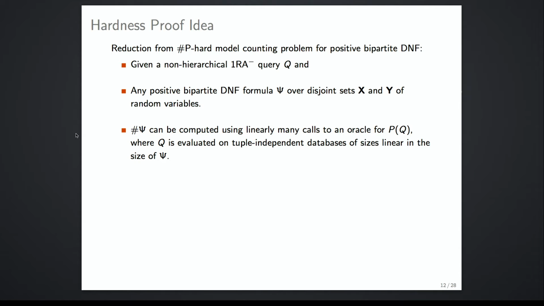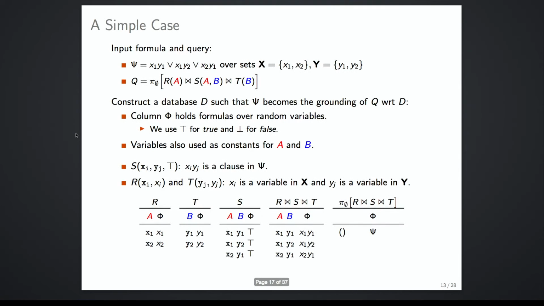That's the general approach to solving these problems, at least in probabilistic databases. The simple case is the case of RST, where we have only joins, and so this is the query.